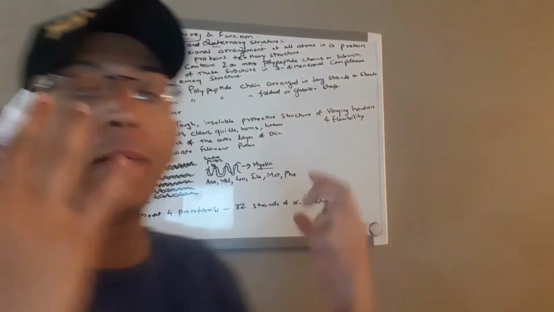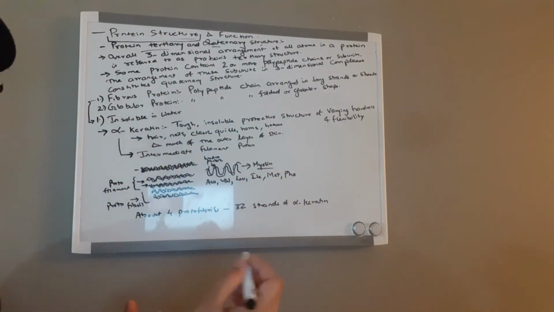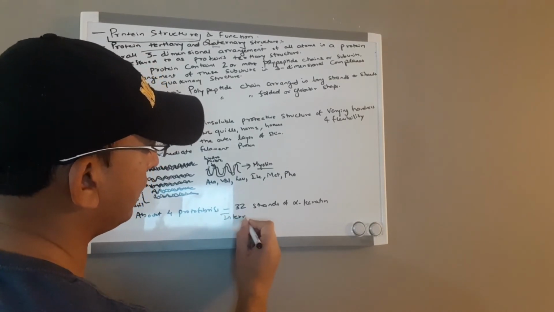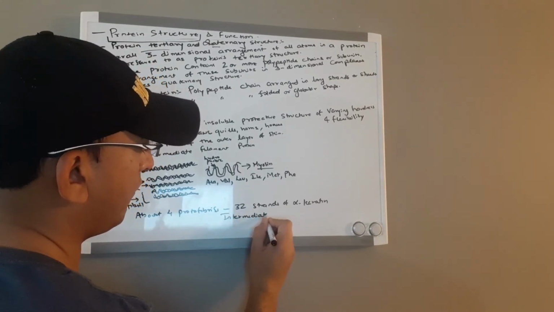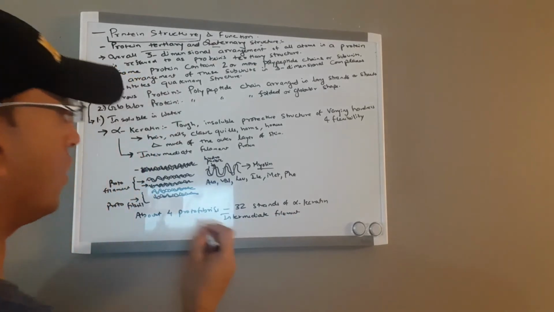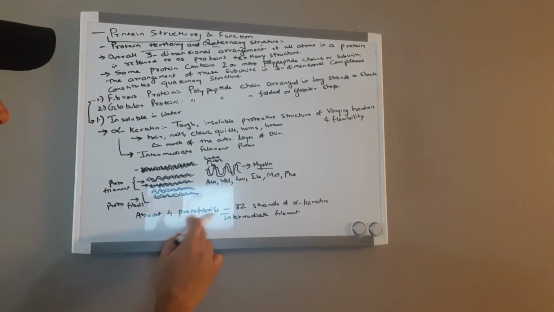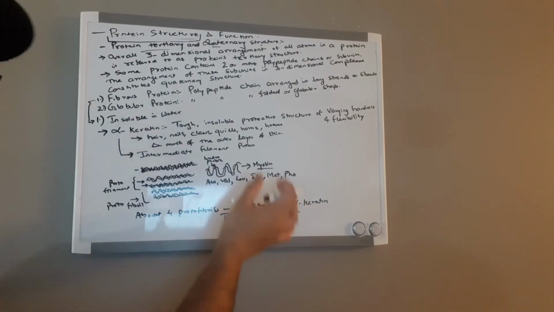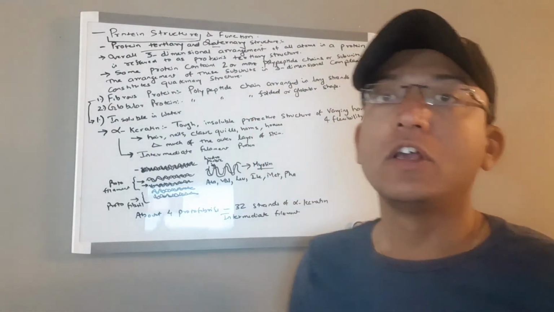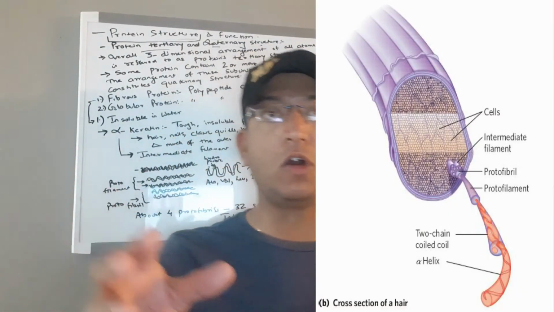So all combined, this will combine together to form an intermediate filament, right? So in 4 protofibrils there will be about 32 strands of alpha keratin in all, and that will combine to form an intermediate filament. You can see a picture on your screen.